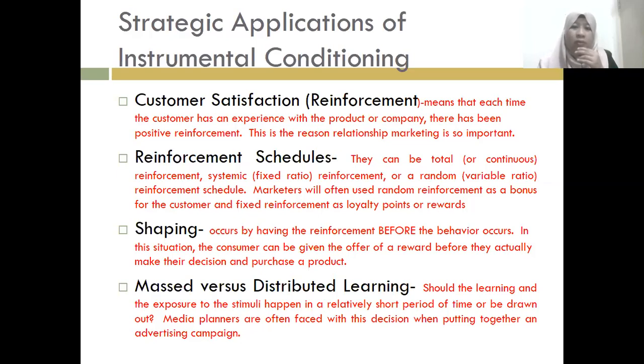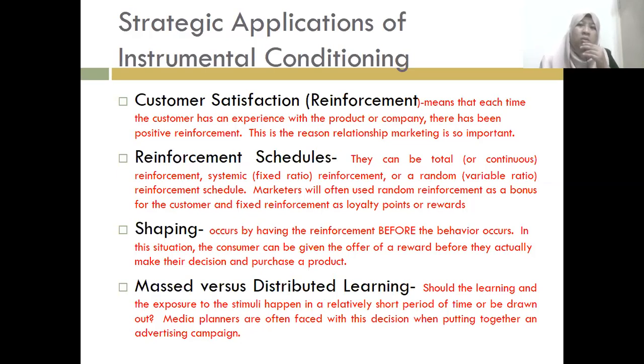And then what they offer you, they shape you by asking you to wait in one room, and then they treat you with something good, like, maybe not in Ramadan time, they will serve you drinks and food, because you want to feel some enjoyment while waiting for the service to be done. So before the behavior, this is what we call shaping. So maybe we can also say an offer or reward.